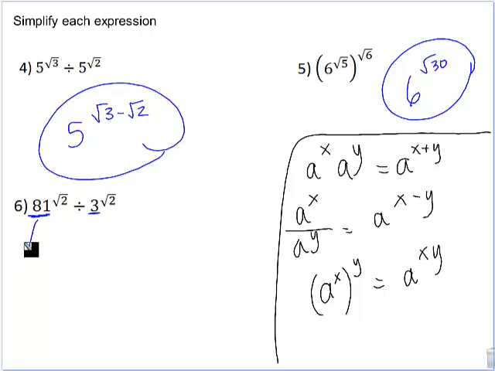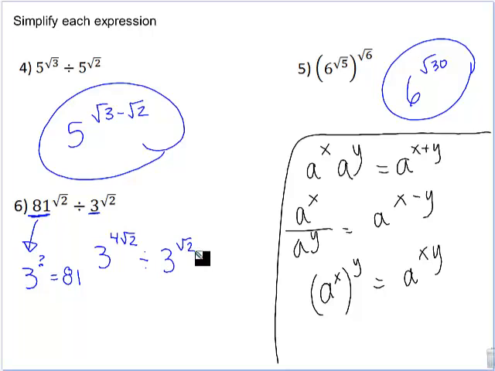What you want to think here is we want 81 to have a base of 3. So you want to be thinking, 3 to the what power gives you 81? 3 to the 4th power gives you 81. So since 3 to the 4th power gives you 81, you are going to rewrite this as 3 to the 4th, and then we still have the square root of 2, divided by 3 to the square root of 2.